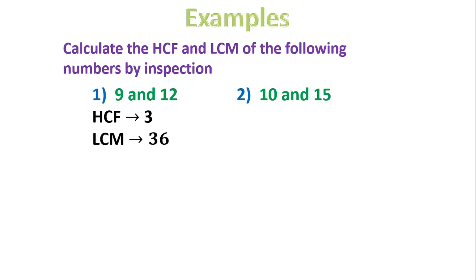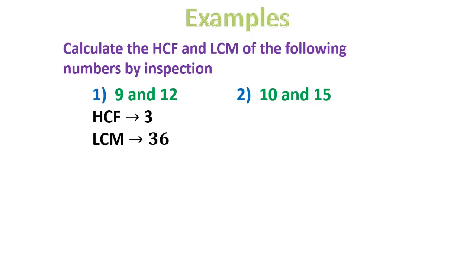Example 2, 10 and 15, and we've got to work out the HCF and the LCM. So for my HCF, I'm looking for the highest number that divides into both 10 and 15. So 1 goes into both, 2 goes into 10 but not 15, 3 goes into 15 but not 10, 4 doesn't go into either of them. 5, yes, 5 goes into 10 and 5 goes into 15. 6 doesn't go into 10, 7 doesn't go into 10, 8 or 9 don't go into 10.